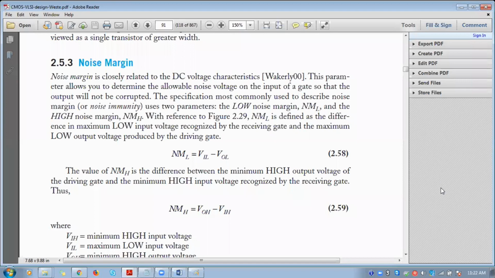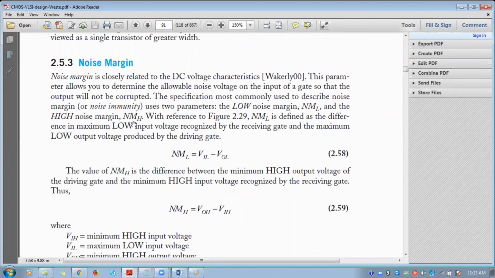Here we will be analyzing how an external noise can affect the circuit, or how much allowable noise in your system cannot alter the output characteristics. That only we will be analyzing here.